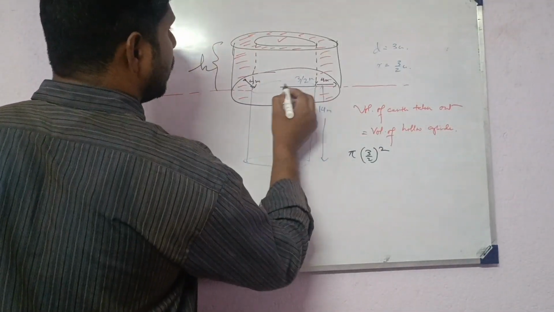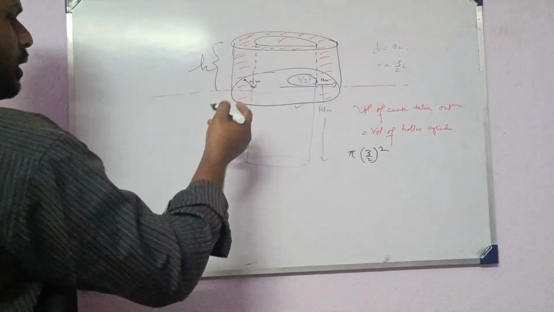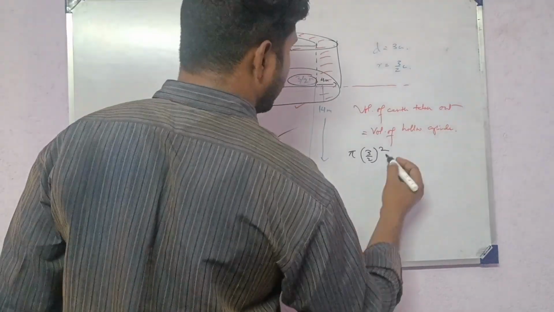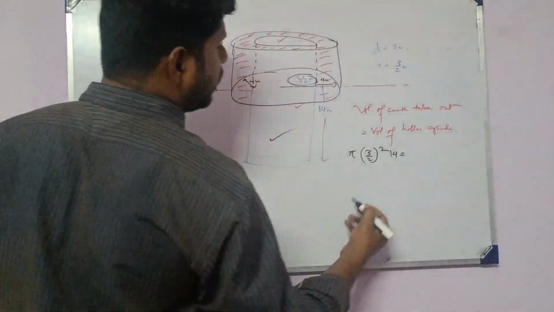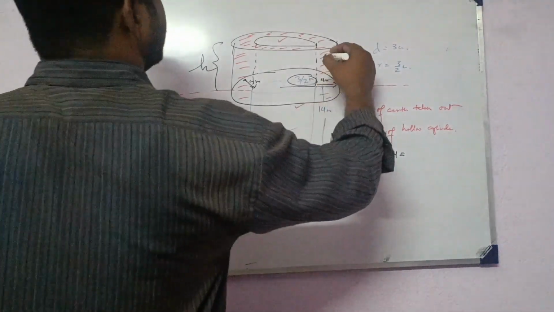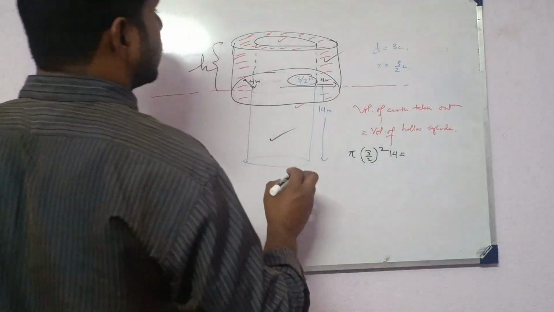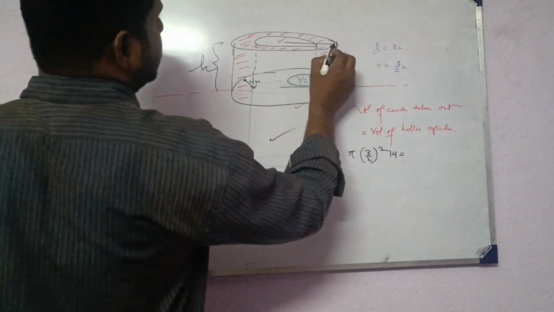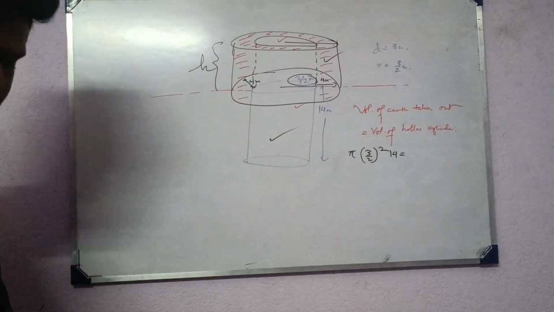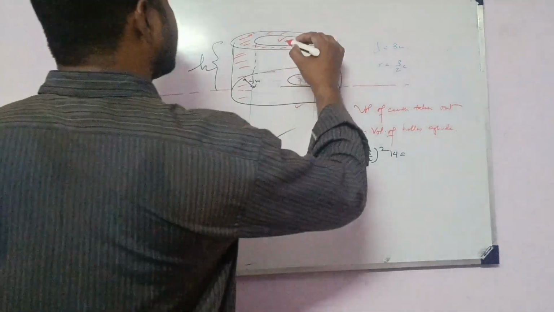This is the radius of the cylinder, and h is 14. It will be the volume of hollow cylinder. This is the hollow cylinder. So definitely if we have to find the hollow cylinder, we have to get the external radius. That is the external radius.